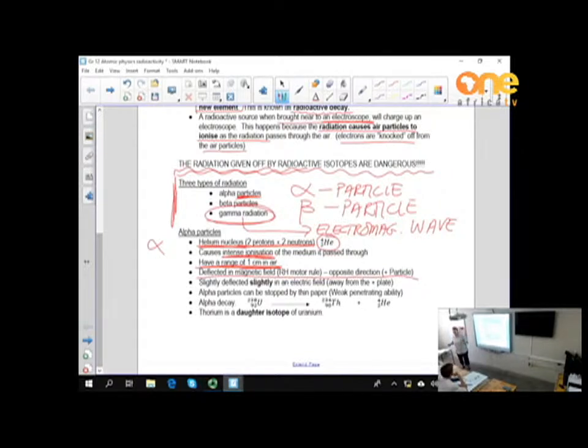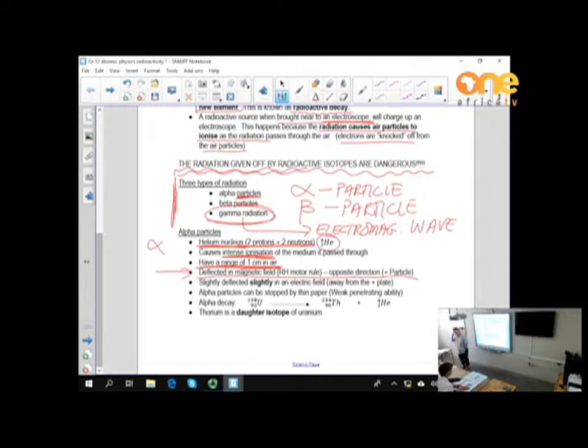Now, in a magnetic field, if I had an electron current, that particle would be deflected according to the right-hand motor rule. Now, I have a positive particle, so it's going to be deflected in the opposite direction. So we can say then, alpha particles will definitely be deflected in a magnetic field.